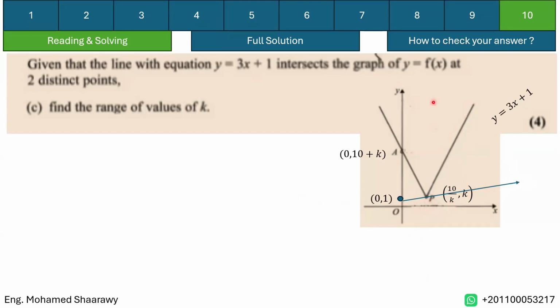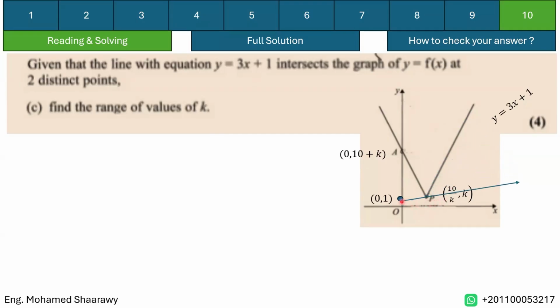Also, the other extreme position is when this line is parallel to this one. If this line became parallel to this one, I'll end up having only one intersection. So these are my extreme positions. This is the first extreme position, which is one intersection, and this is the second extreme position. So my solution is between these two. If my line is just between them, like this, then this is the perfect answer.